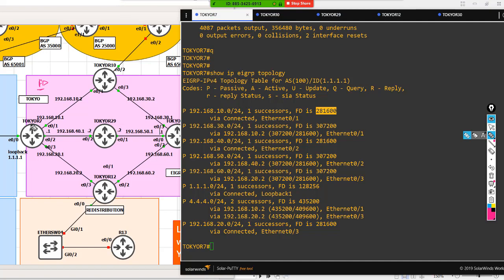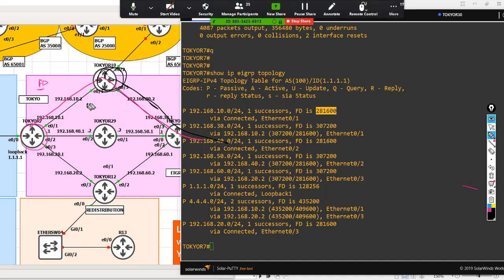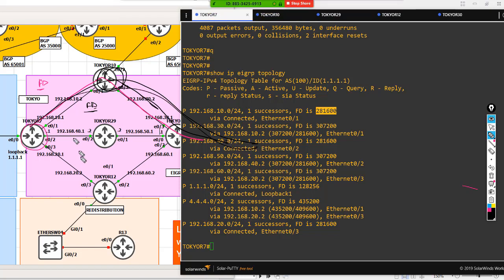Your feasible distance is from your R1, R2, R3 and the destination, whereas your advertised distance starts from R2, R3 and the destination. So which one should be greater? Your FD will be greater, because that's the total distance, which is greater than your AD. That's why you will see this is greater than this value.